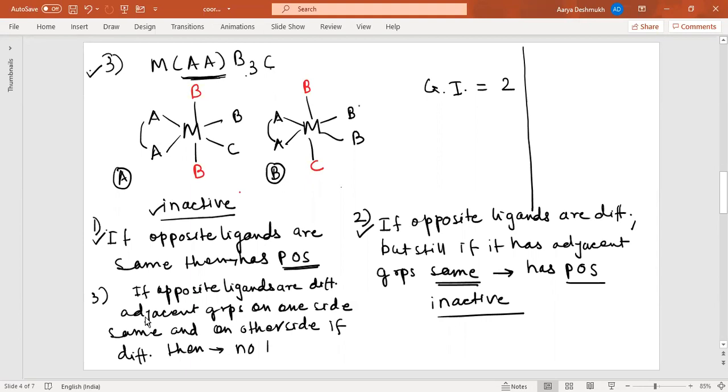So there is no plane of symmetry and the molecule will be optically active.